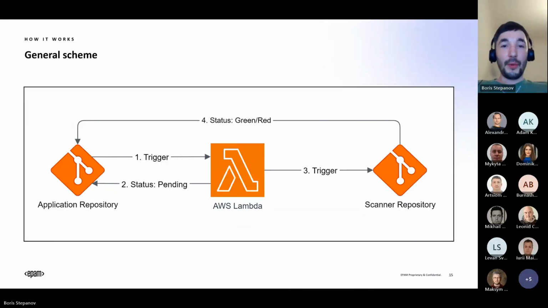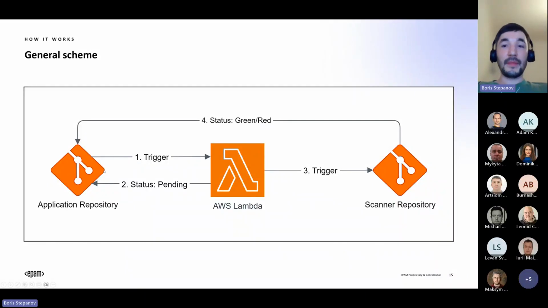So we have the application repository here, where some developers team creates infrastructure code such as lambdas, API gateways, databases, buckets, and so on. And I created a lambda here, which is triggered by pushes in the application repository.